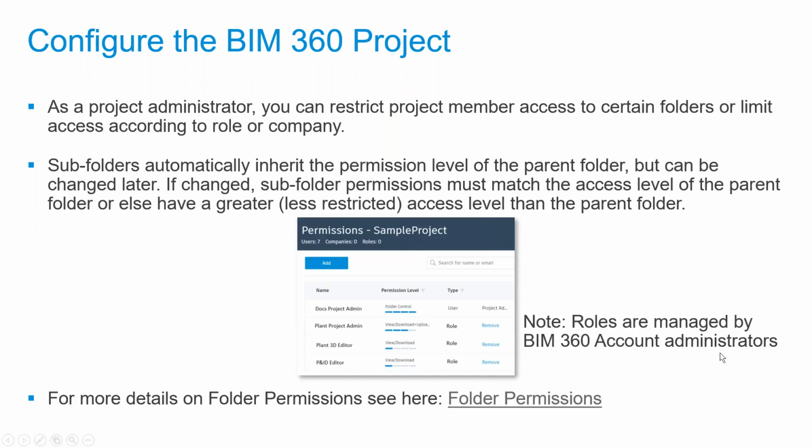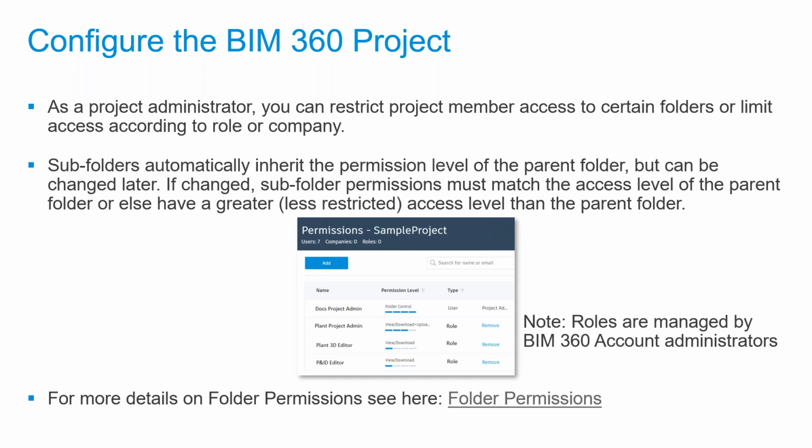All right, so as far as configuring the project, we talked about roles. As a project administrator, at that highest level, you can restrict member access to certain folders and limit access to people either within the roles you've configured or the companies that you've invited to collaborate with you, say like subcontractors and things like that. On the folder levels, we have to remember that it inherits the permission from the parent folder and goes down through the hierarchy.